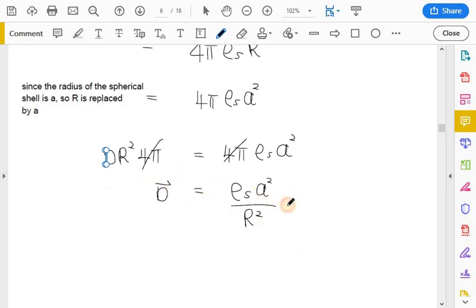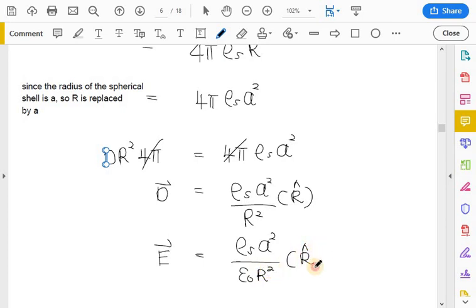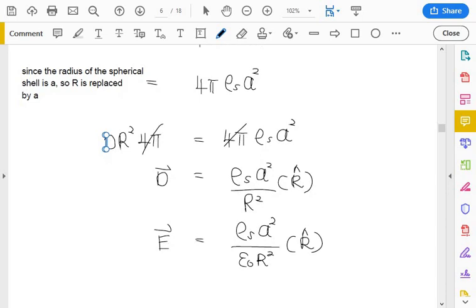If you specify its direction, it will be R. No, then you will cancel out, right? Different story, cannot. So this one will be your answer.